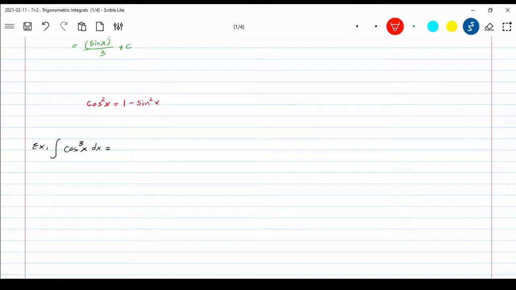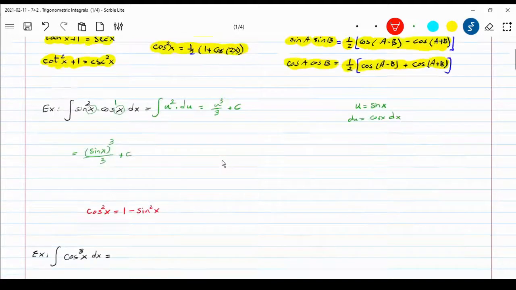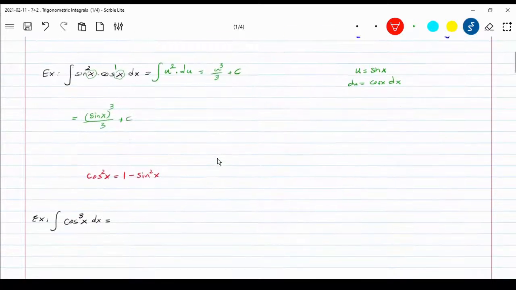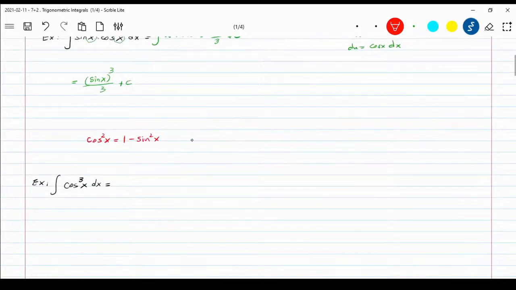If I subtract sine squared from both sides of the trigonometric identity here, the Pythagorean identity, you will get cosine squared equals 1 minus sine squared. Similarly, you would have sine squared x would be 1 minus cosine squared x. The same idea will hold for secant, tangent, cotangent, and cosecant.